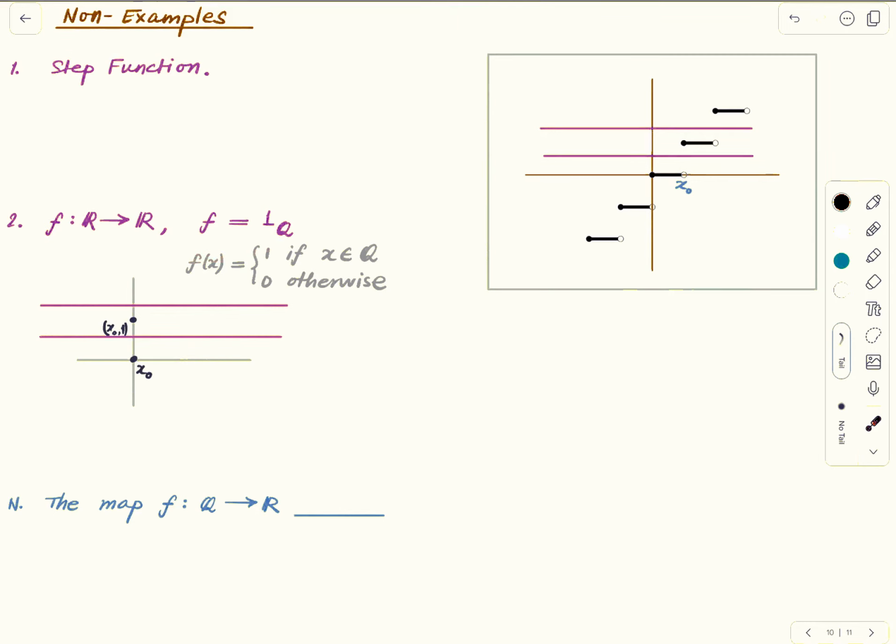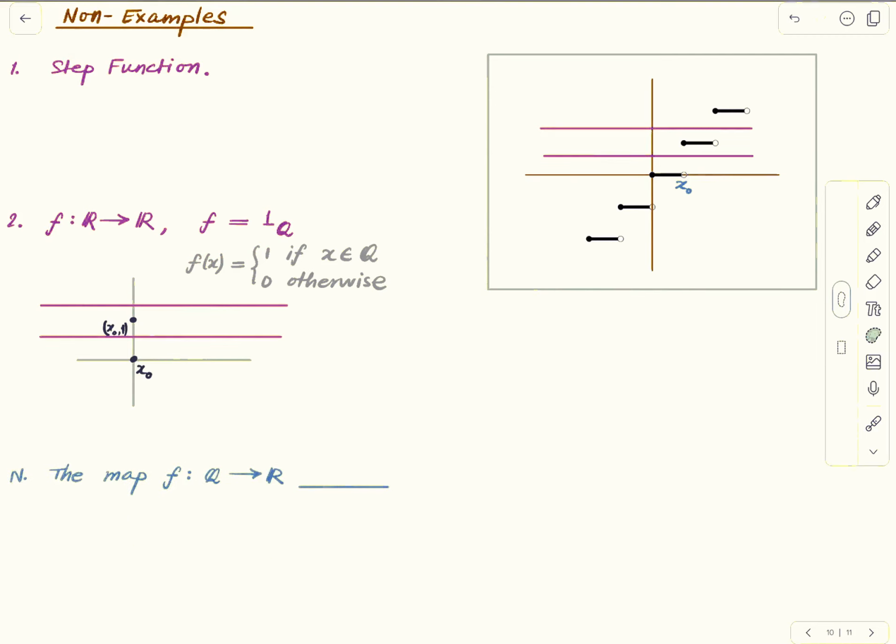However, I want to make one point very clear. If we take this map, it has the rationals as its domain. This had the reals as its domain. And what is this map? This map just takes the value 1 everywhere.